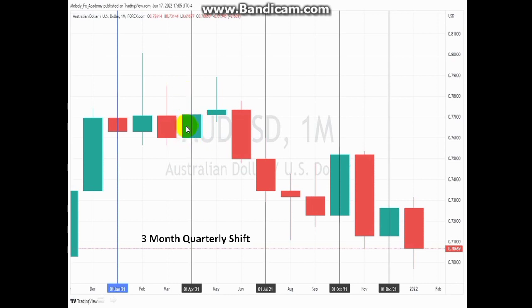So now as you can see, April, May, June, which is when we anticipate the next quarterly shift. Starting from the month of April, we had a little bit of retracement, a kind of stop run. We had a stop run above this previous month.